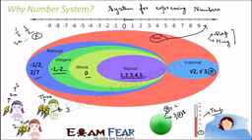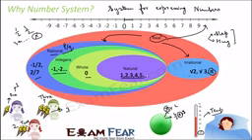Real numbers are further classified as rational numbers and irrational numbers. We will give you the definitions of rational and irrational numbers. A rational number is one which can be represented in the form p by q.